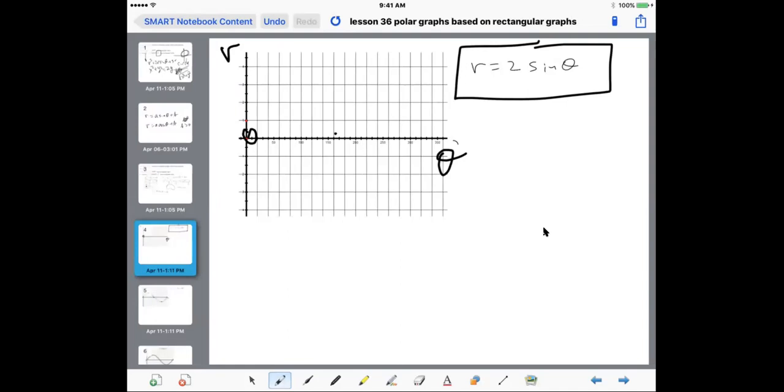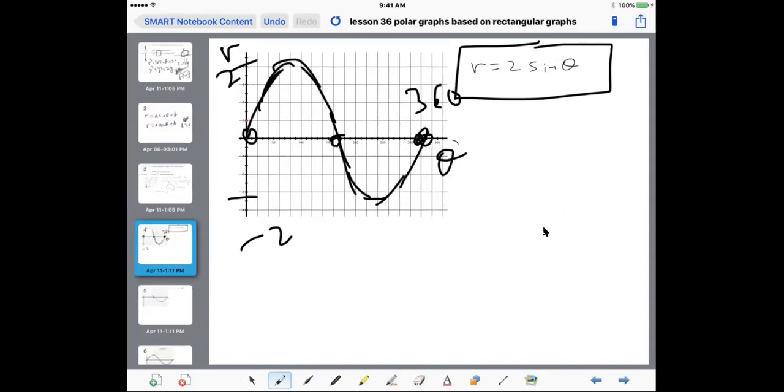I can't see this too well. 180. The iPad I'm writing on is small, and my eyes aren't that good. Let's just say 360 is over here, and 180. So that is what the graph looks like on a rectangular grid.